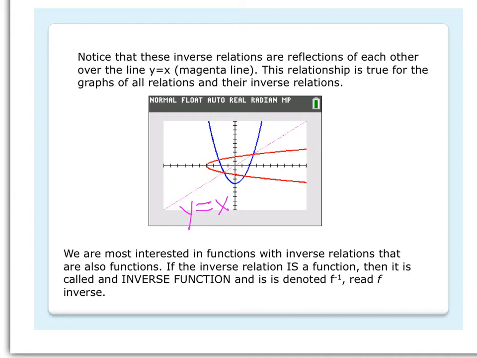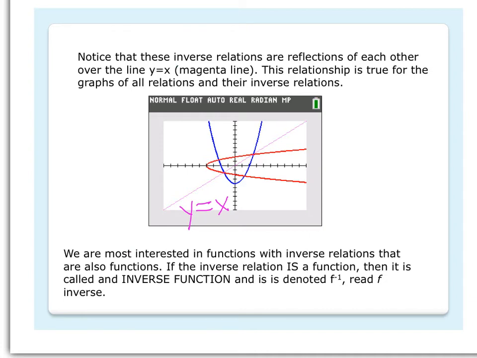So if you took the blue graph and reflected every point on that blue graph over the line y equals x, which really, if you're reflecting over the line y equals x, what you're really doing is just switching the x and y coordinates. You're showing that one graph or one function is a reflection of another over the line y equals x.